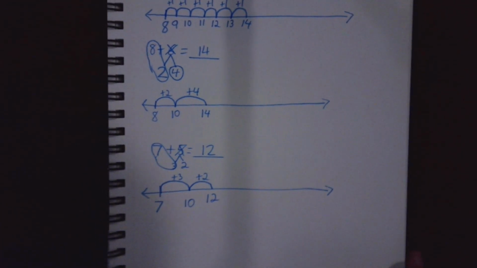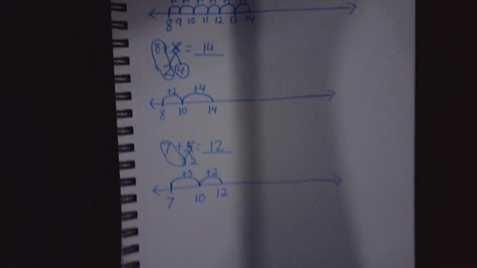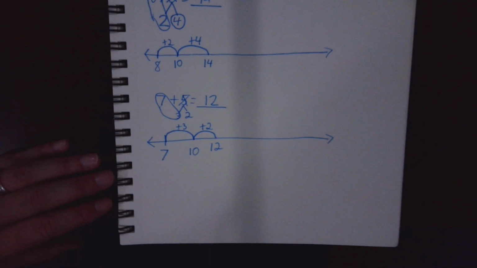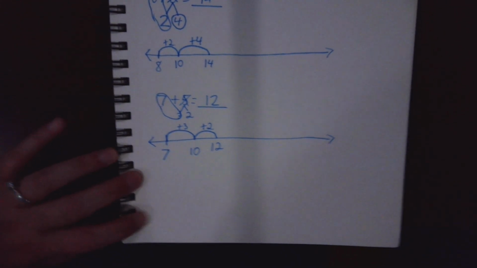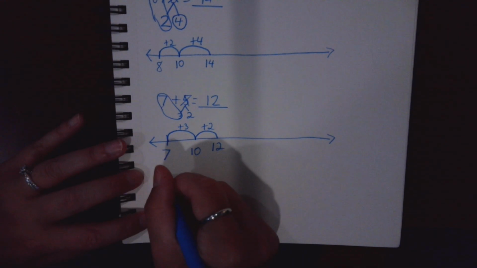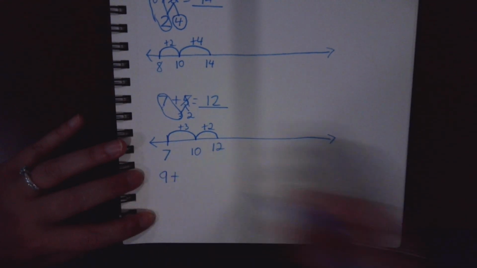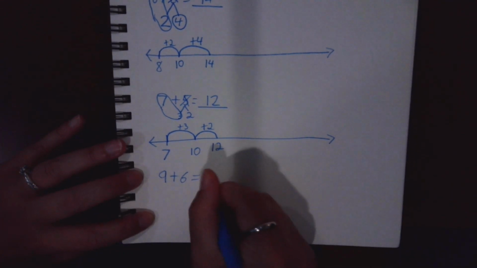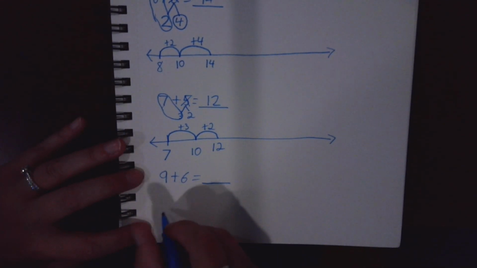Let's do one more where you try it. You'll have to pause the video and try it, and then we'll check it together. So let's do 9 plus 6. 6 just kept sticking out in my brain. So get that down.